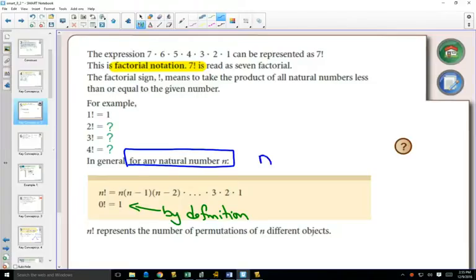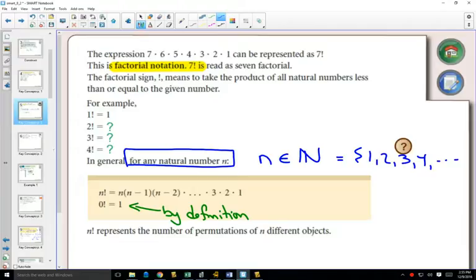That means n belongs to the natural numbers, which start with 1, and they're just positive whole numbers. And then 0 factorial, by definition, is 1.